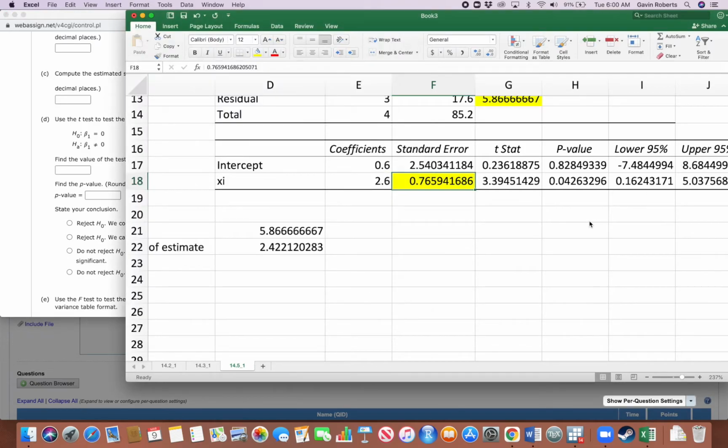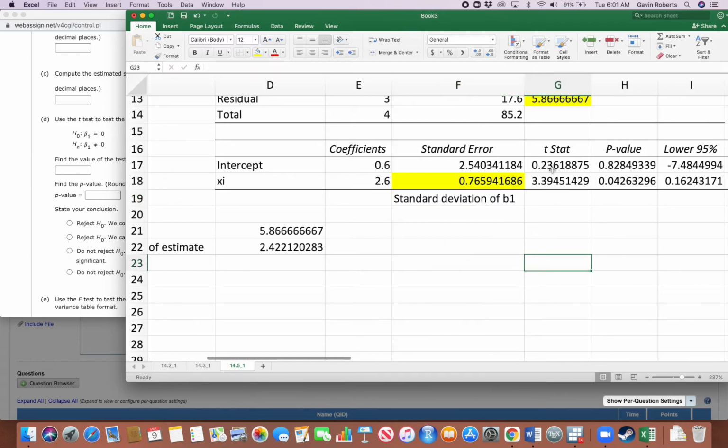And check it out, it's right here, 0.766. So that is the one number you should be looking for when they ask you for the standard error or standard deviation of the slope estimate. So standard deviation of B1, because B1, remember, is how we label our slope estimate.